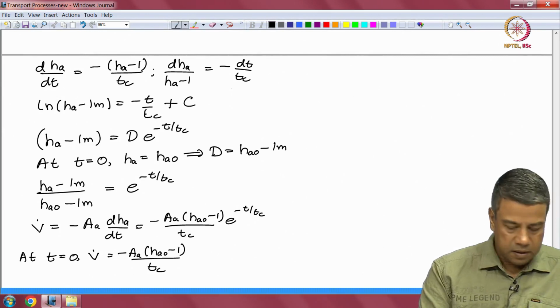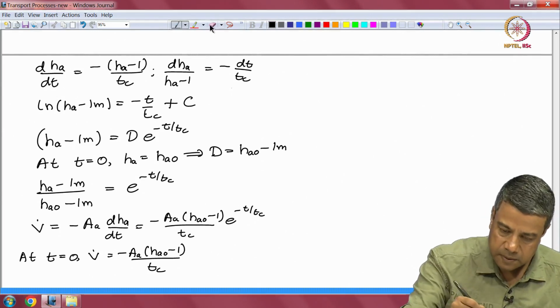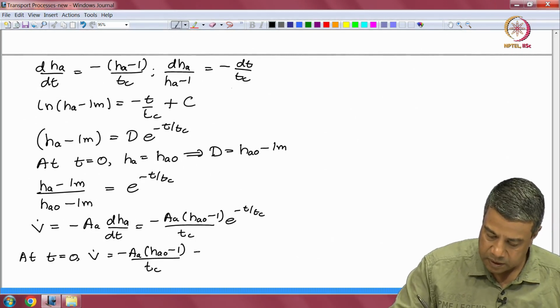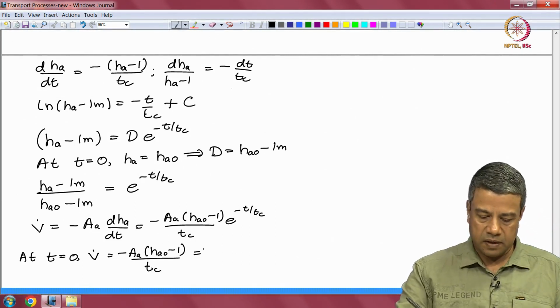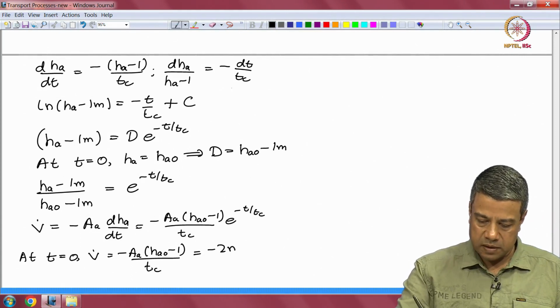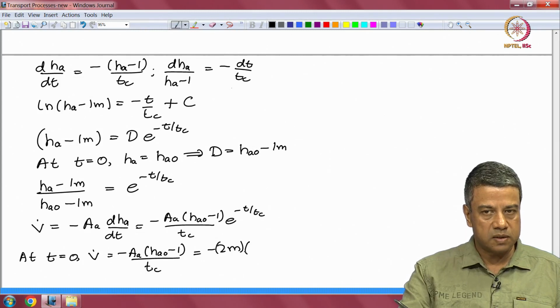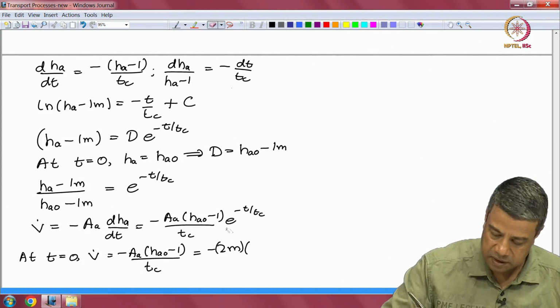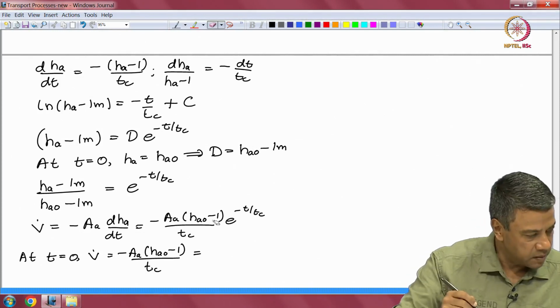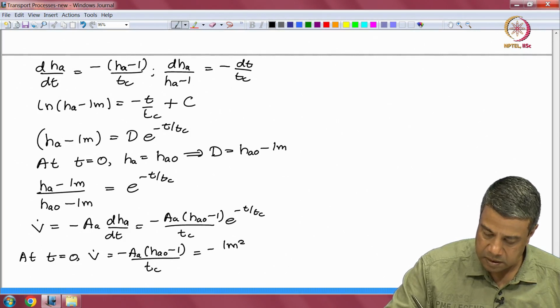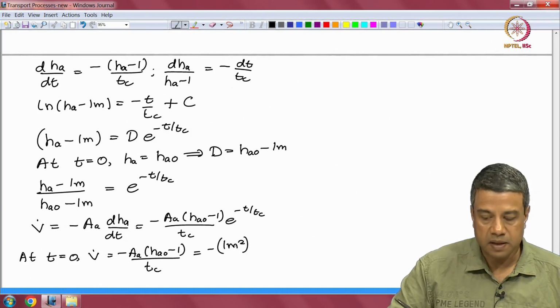The area of the tank, if you recall, was equal to minus 2 meters into (H_A0 minus 1). Initial height was 3 meters and the area of the tank was, my apologies, 1 meter square into (H_A0 minus 1 meter).